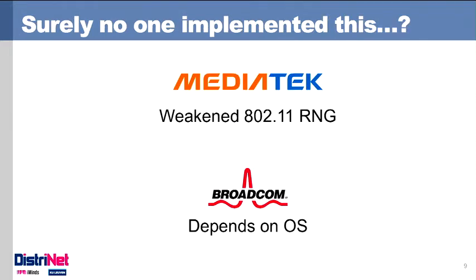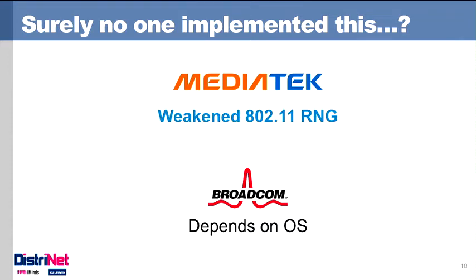What's surprising here is that, for example, MediaTek almost exactly implements this random number generator, but they only collect randomness from the clock jitter. And Broadcom also has a custom random number generator. It doesn't resemble the random number generator provided by Wi-Fi that much, but it still also uses clock jitter.